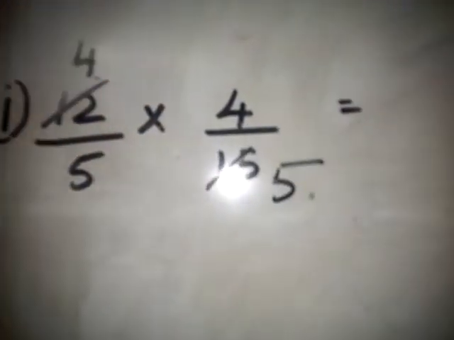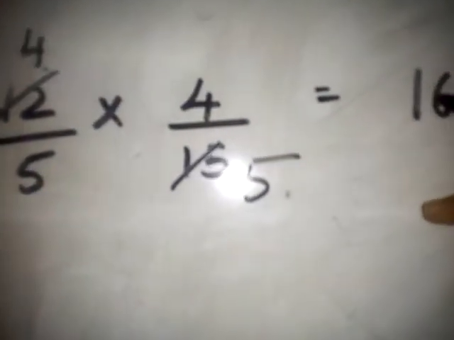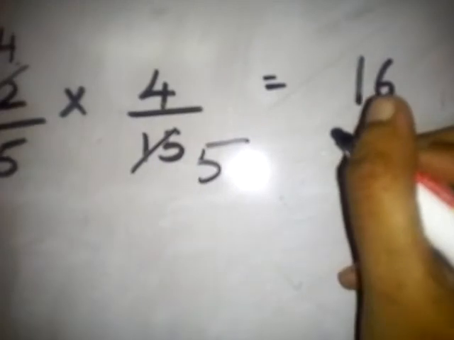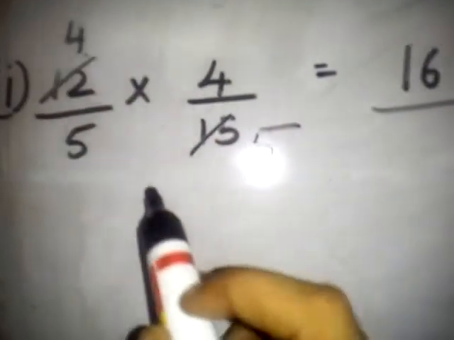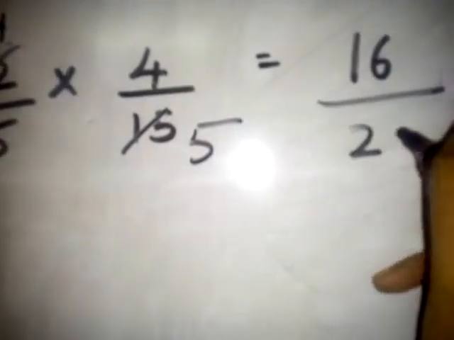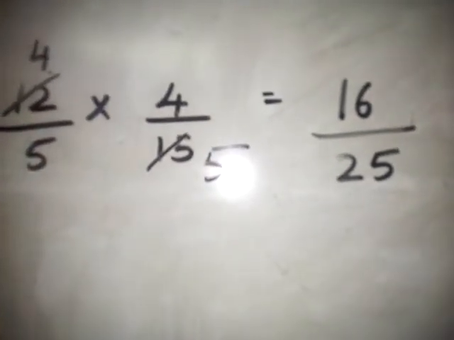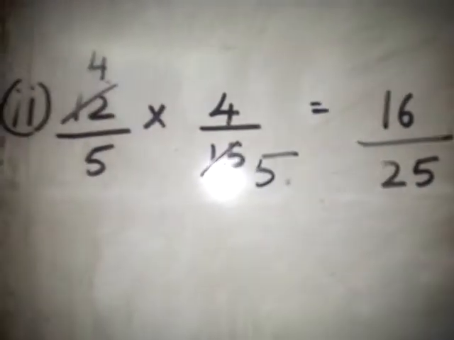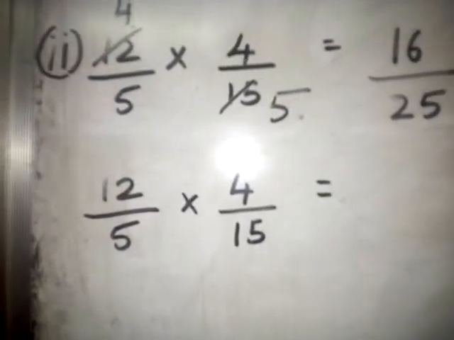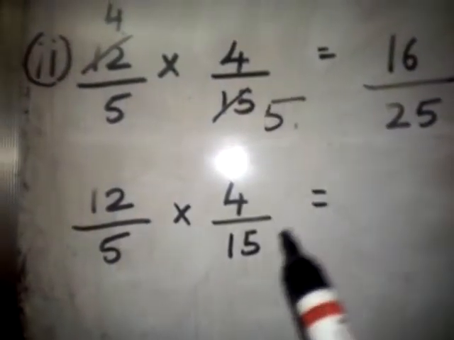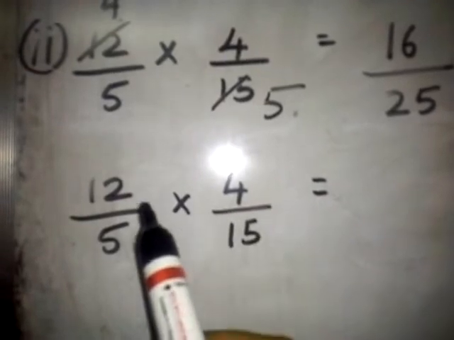4 4s are 16. 5 5s are 25. If you don't know this method, I am going to teach you the second method also. This is the first method, okay? Look at the second method, how I am doing.